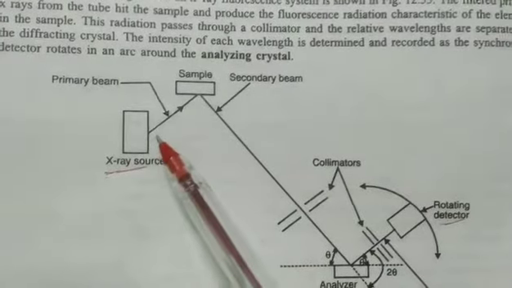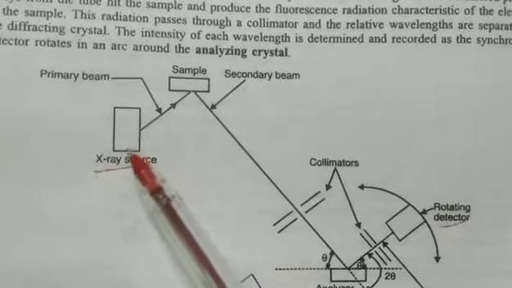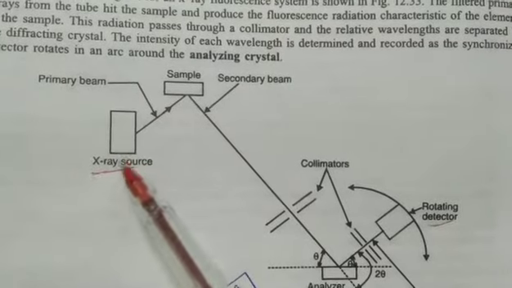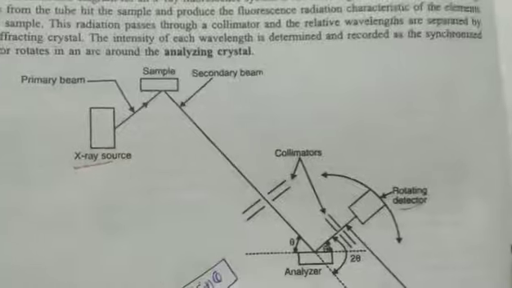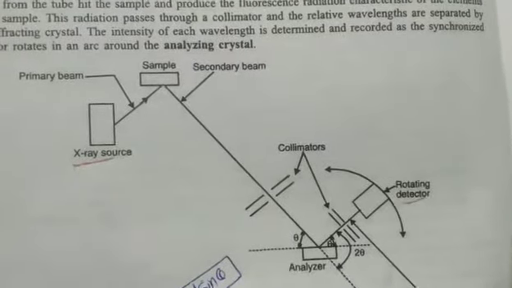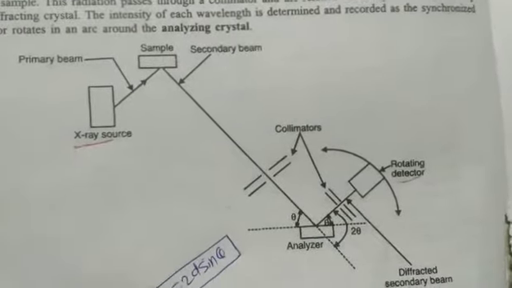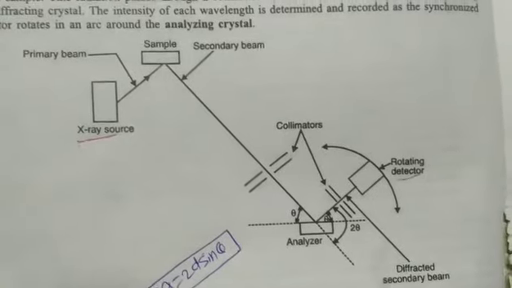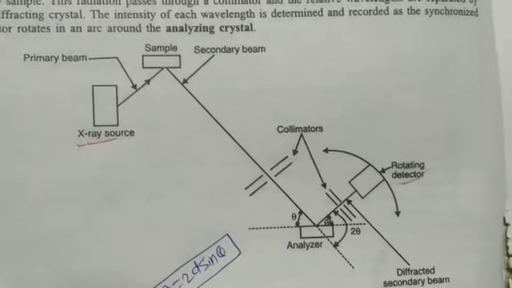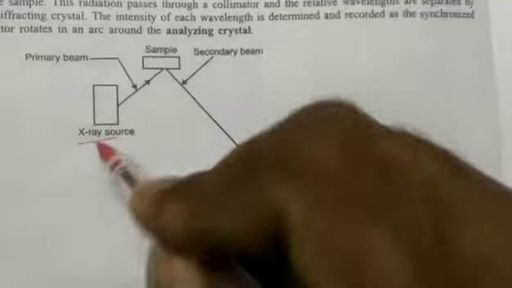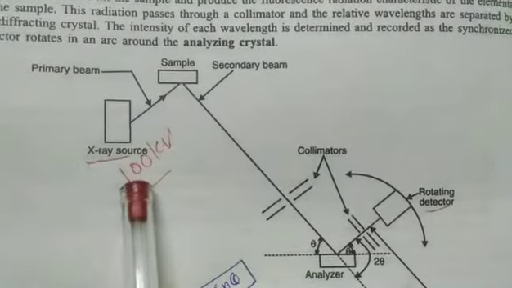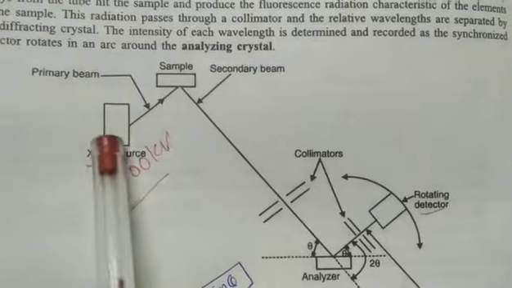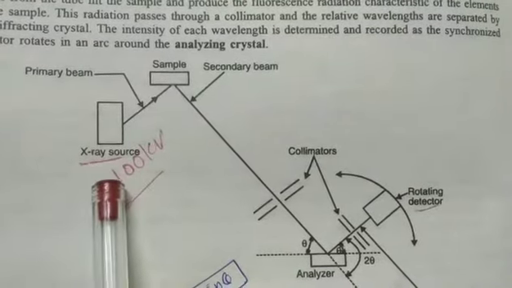When X-rays are generated by high voltage, X-ray fluorescence requires high sensitivity and high selectivity. So we require a high voltage source, that is a 100 kV source. From the 100 kV source there is a generation of X-rays.